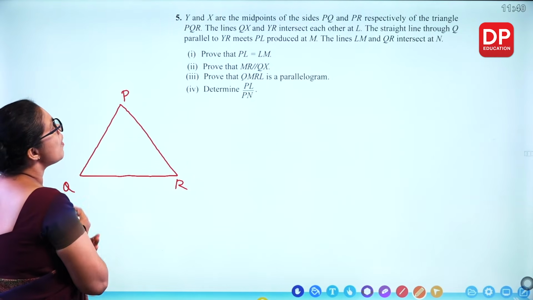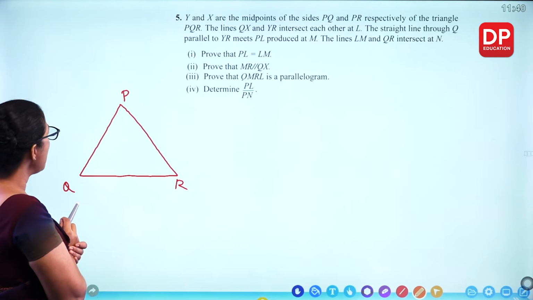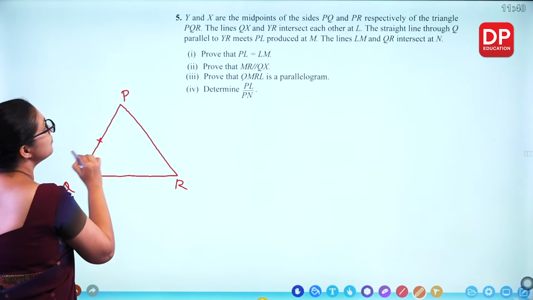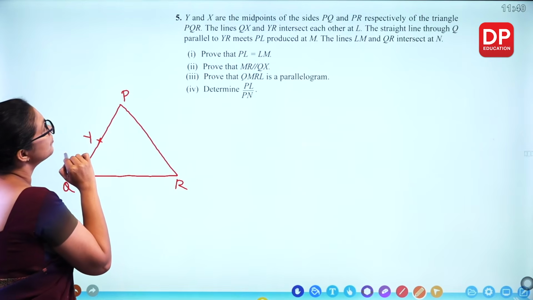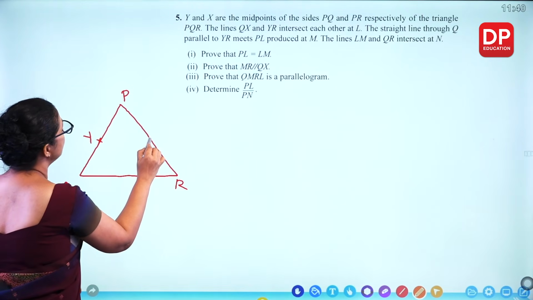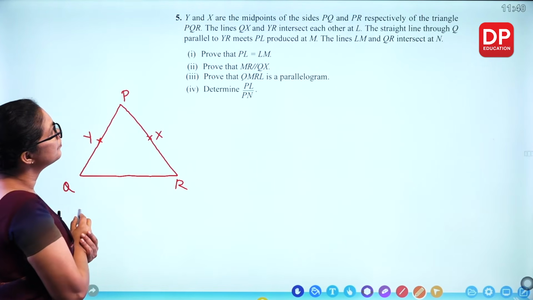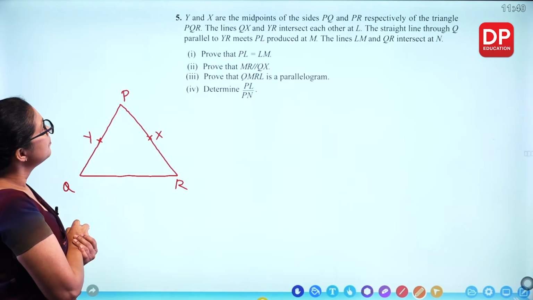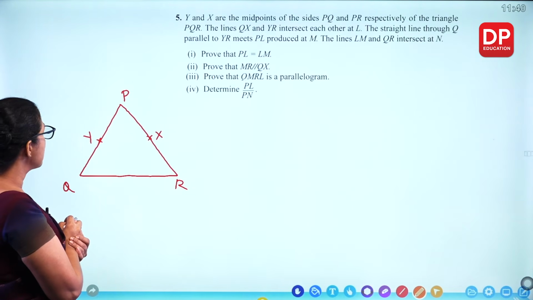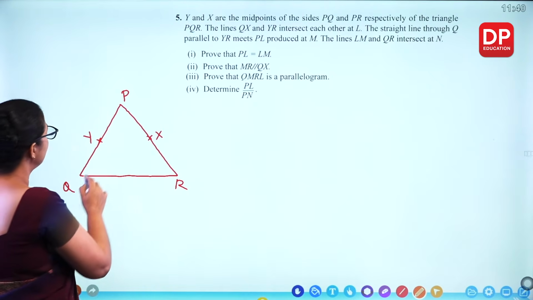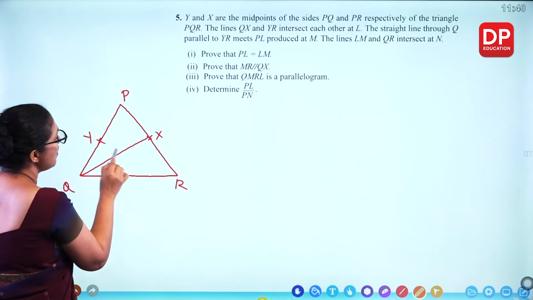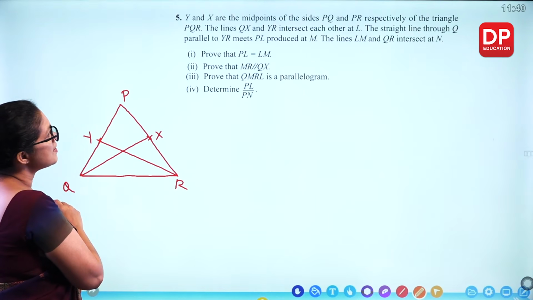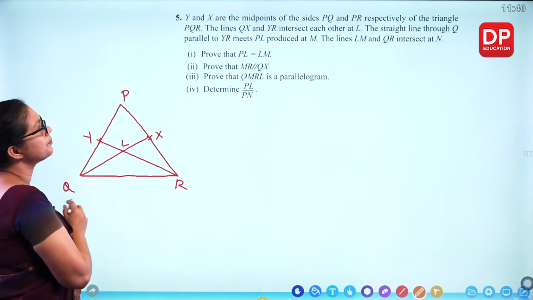Y and X are the midpoints of the sides PQ and PR. The lines QX and YR intersect each other at L.